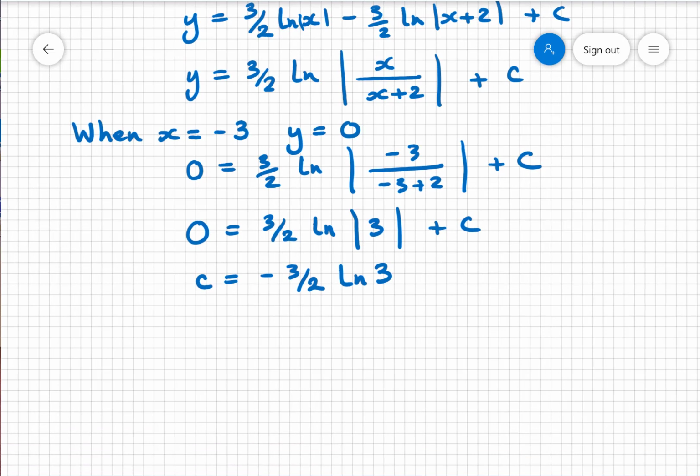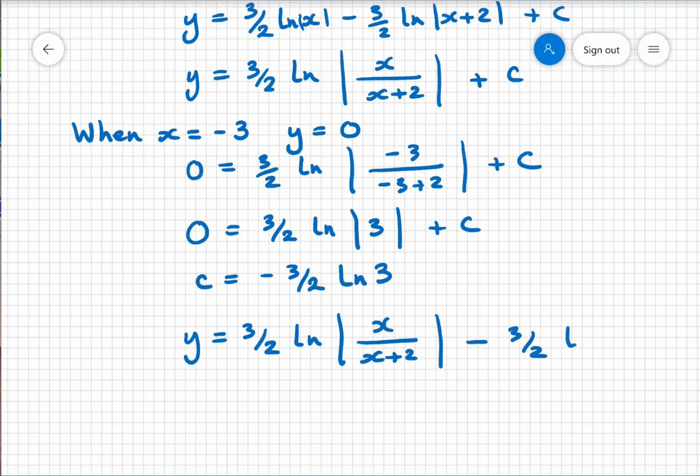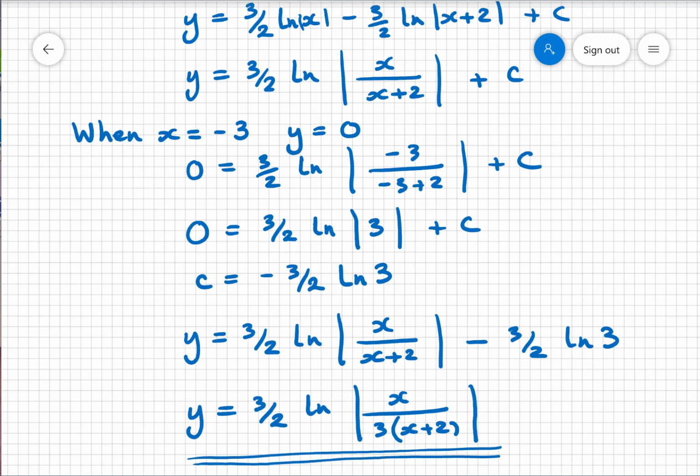Now I can put that all together to give me my particular solution, y equals 3 over 2 ln of x over x plus 2 minus 3 over 2 ln 3. And again, using laws of logs, I can combine the minus 3 over 2 ln 3 in the first ln term to give me y is equal to 3 over 2 ln of x over 3 brackets x plus 2. And there is my particular solution.